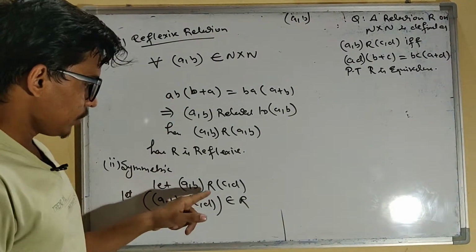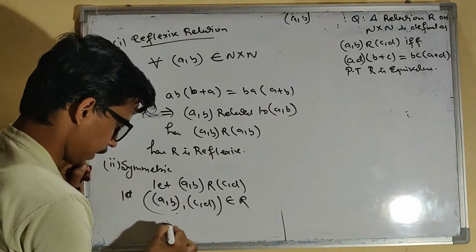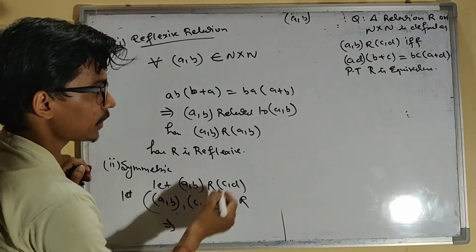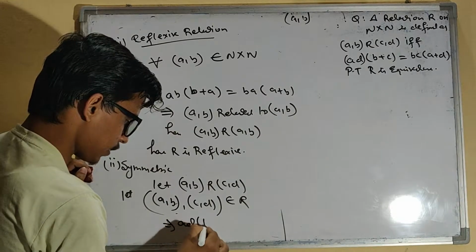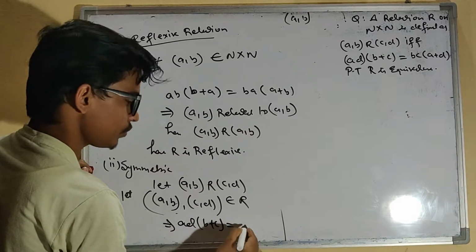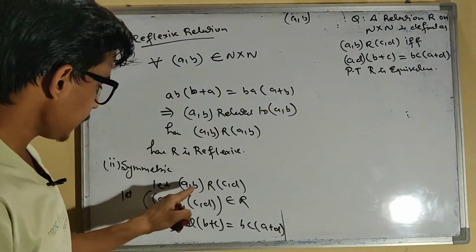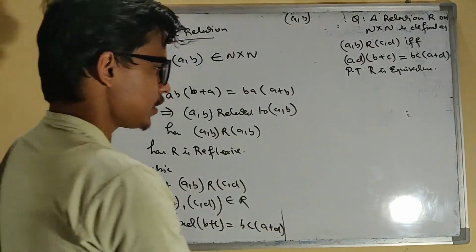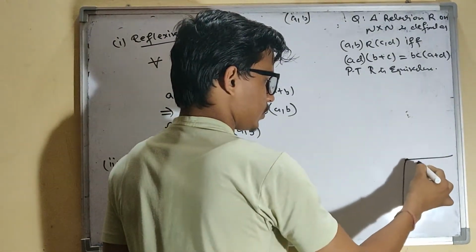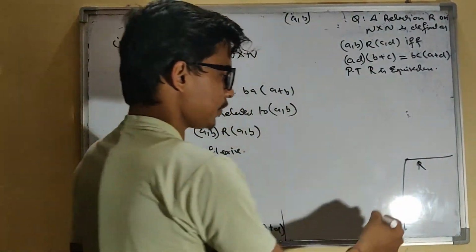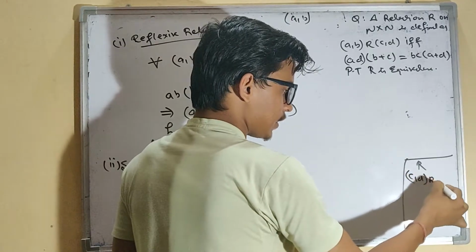So let (a, b) is related to (c, d), and what this implies, if they are related, then it can be written like this: ad(b plus c) is equal to bc(a plus d). Now if (a, b) is related to (c, d), then we have to prove that (c, d) is related to (a, b).